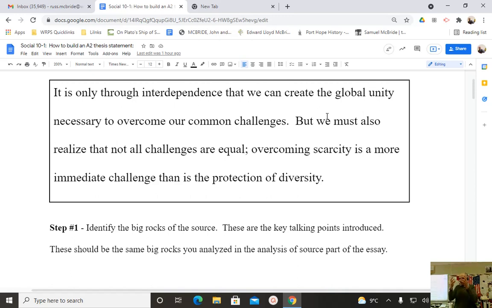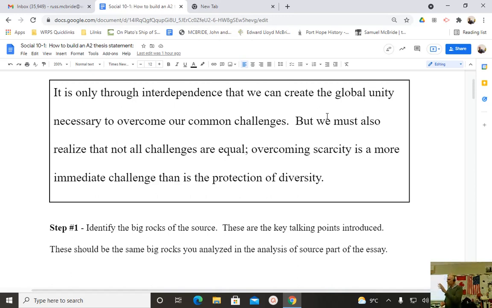That's one of the big rocks of your thesis statements because it's a part of the conversation your thesis is a part of. Also included in this source would be ideas like scarcity and diversity and unity. These are other big rocks that you could either explicitly include into your thesis or somehow implicitly connect them there.